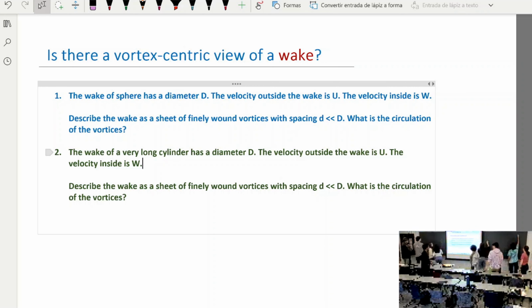What does it mean, the velocity inside? Inside the wake. The velocity inside means the velocity inside the wake. Yes, that's right.